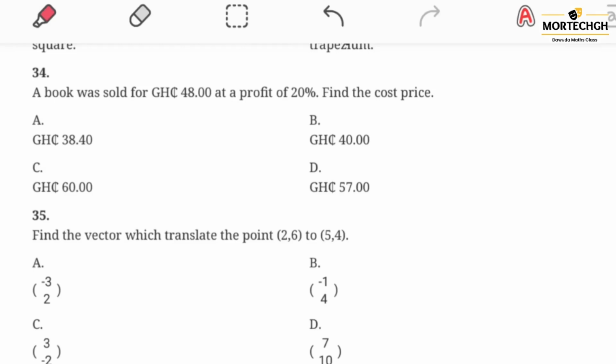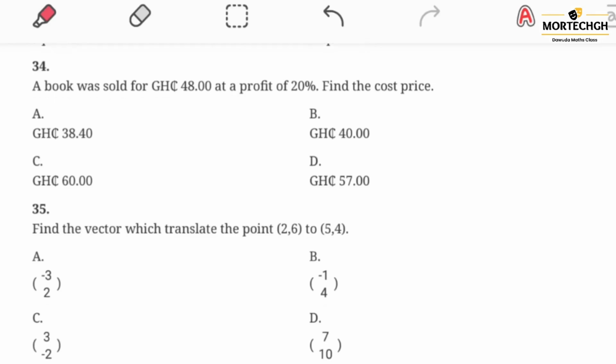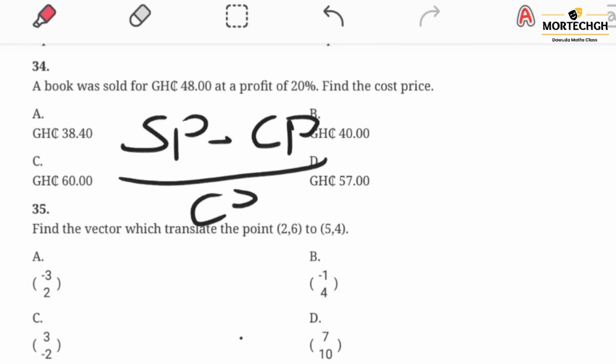A book was sold for 48 Ghana cedis at a profit of 20%. Find the cost price. We have profit percentage equal to selling price minus cost price, all over cost price, times 100.